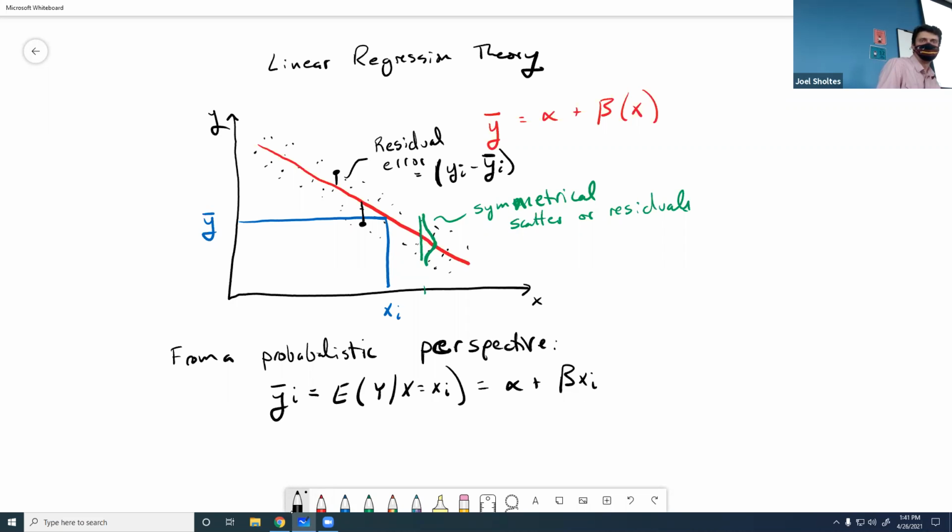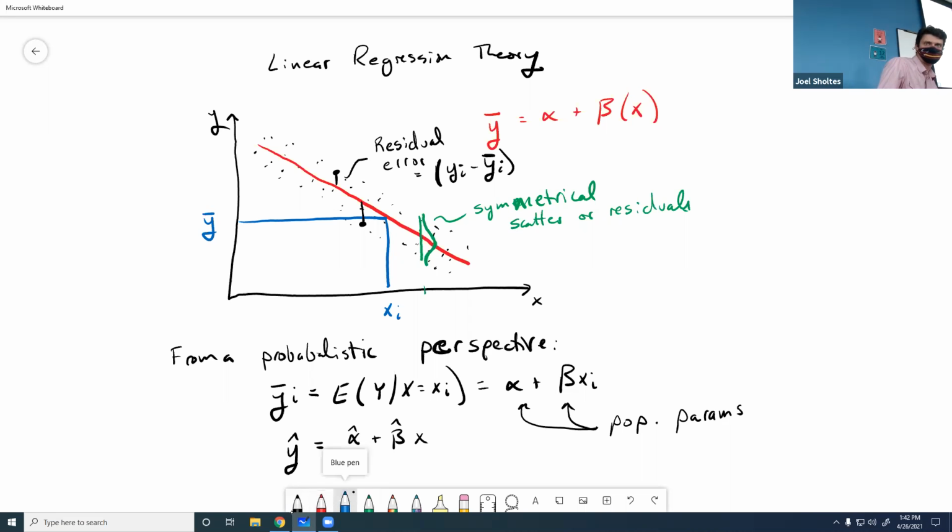If we write it out as alpha and beta, these are what we could think of as population parameters, meaning the true underlying relationship between x and y are alpha and beta, and we're going to estimate those using this hat nomenclature. So y hat is equal to alpha hat plus beta hat x.